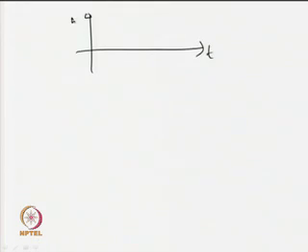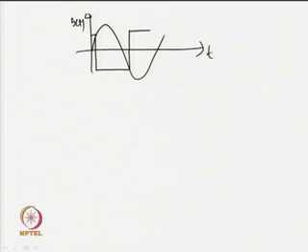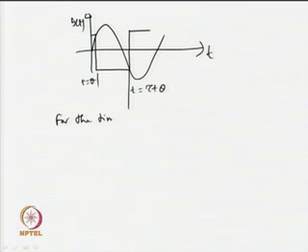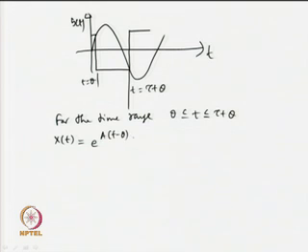Similarly, for another time range, starting from time t equal to theta and going up to time t equal to tau plus theta, in that case, the state variable for the time range theta ≤ t ≤ tau plus theta, x(t), is given as e to the power A(t minus theta) x(theta) plus A inverse e to the power A(t minus theta) minus I.